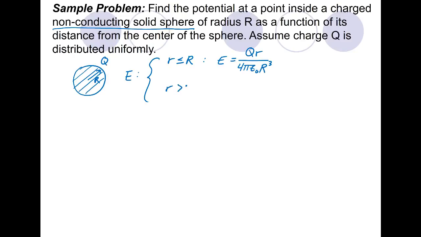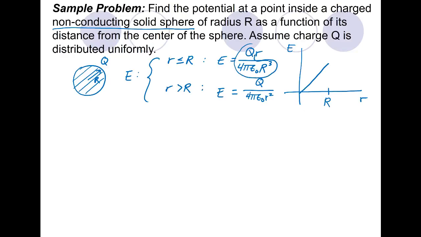Now when r is bigger than big R, so if we're outside of the sphere, remember that it just acts like a point particle, and we have q over 4 pi epsilon naught r squared. And as a reminder, our graph of the electric field versus radius goes up until we hit R. That's that linear function of little r that we're talking about right here, that has the slope that I've circled. And then it's going to decrease as 1 over r squared. So we've seen this before.